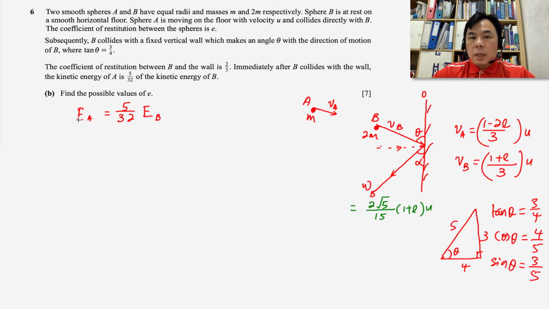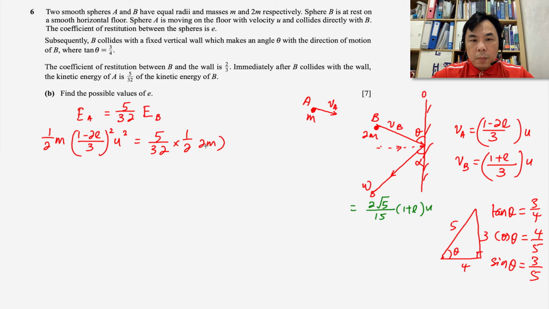Now the kinetic energy of A is very straightforward. It's just half m VA squared, and we know that our VA is over here. Okay, that will be our kinetic energy for A, and next we have our kinetic energy for B, which is half multiplied by 2m, and then the speed of B after the collision.